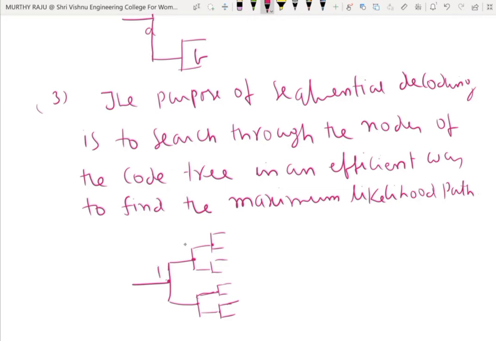These are the nodes 1, 2, 3, 4, 5, 6, 7. Nodes of the code tree in an efficient way to find the maximum likelihood path. Maximum likelihood path means better path. After analysis is completed, with the help of that better path only, you have to decode the encoded sequence. This is very, very important.